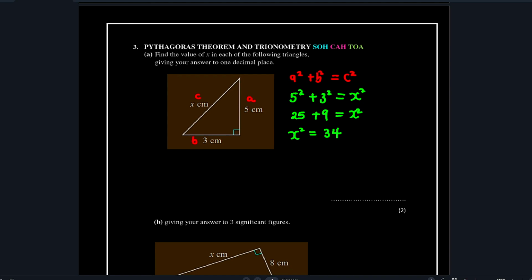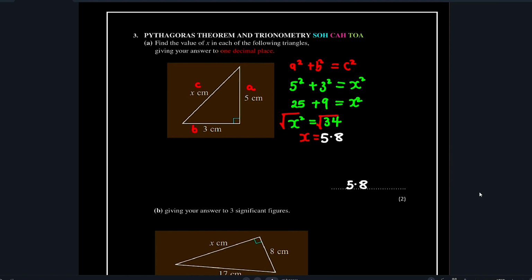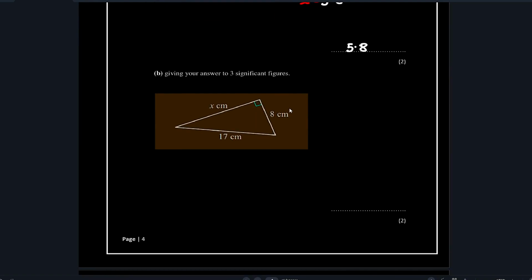Then in order to find x, we find the square root of both sides, so our answer in one decimal place is 5.8 centimeters.